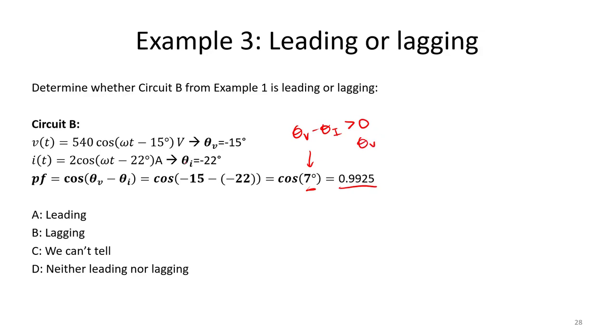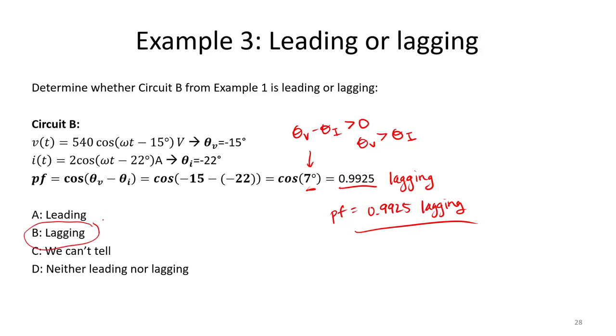And we saw that theta V, even though it's negative, is still greater than theta I. So in this case, since theta V is greater than theta I, this must be the lagging case. So we would say that our power factor is 0.9925 lagging in this case. So make sure you remember those rules. It's very important to be able to recognize whether we're leading or lagging in order to communicate the correct behavior.